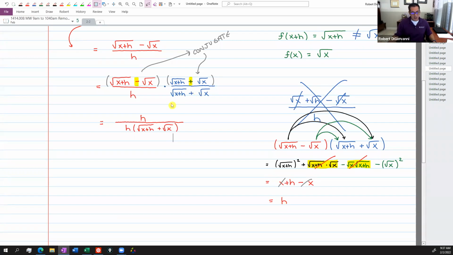So I'm leaving the h out here. And now I see that this cancels. This becomes a 1. Be careful. That's gone. So your final result is 1 over the square root of x plus h plus the square root of x. And that's it.